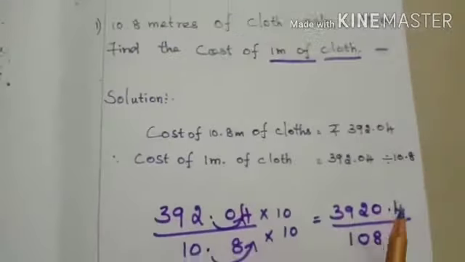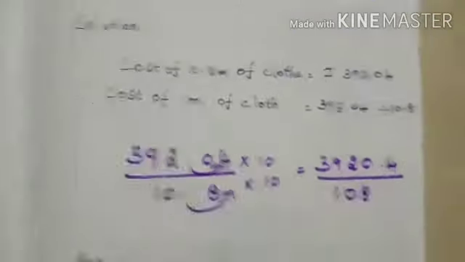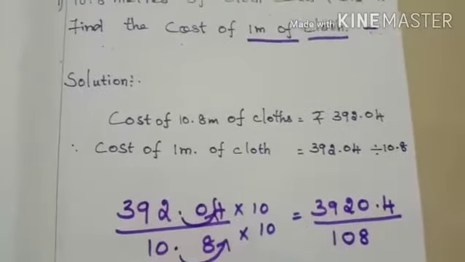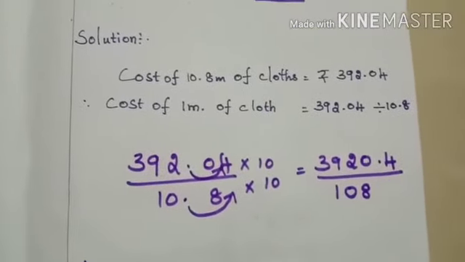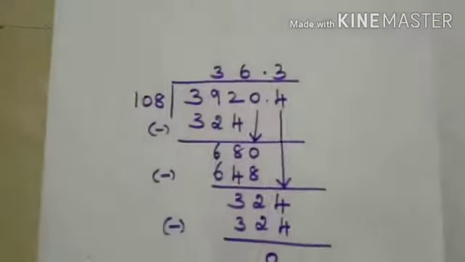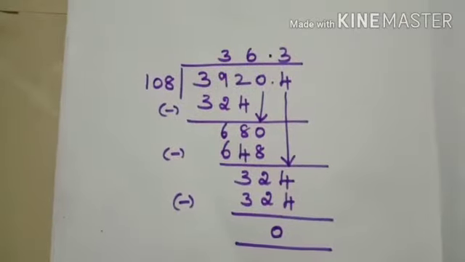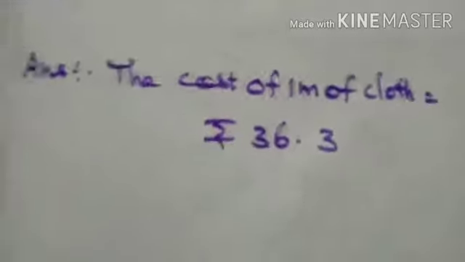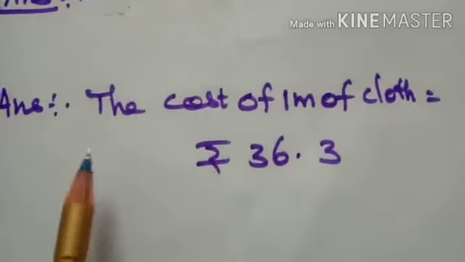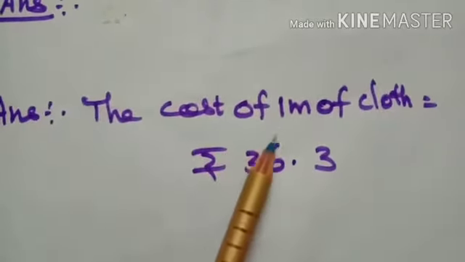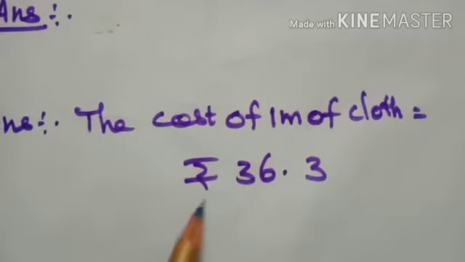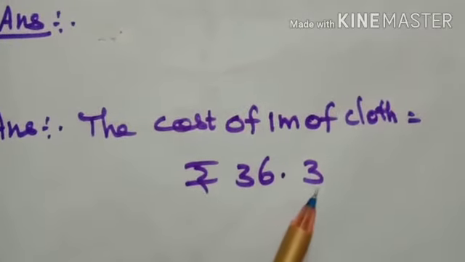So this is the solution. Students, check the answer with the solution. The cost of 1 meter of cloth is rupees 36.3.